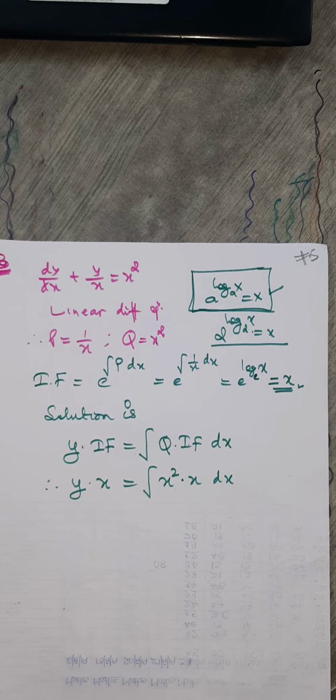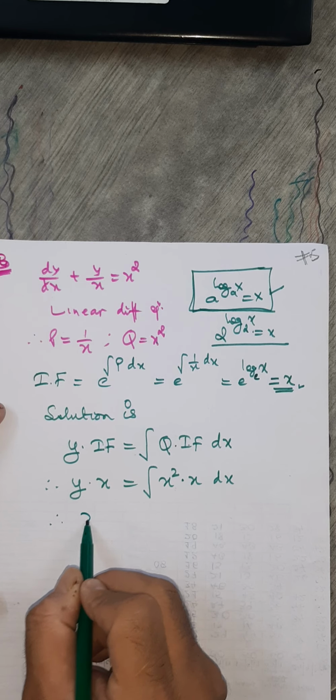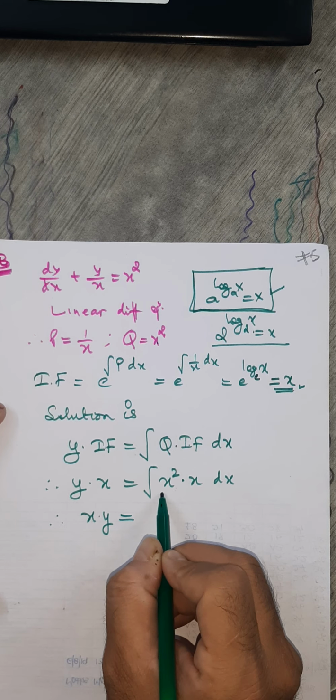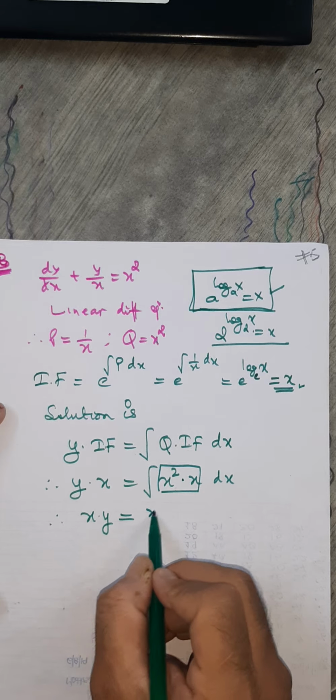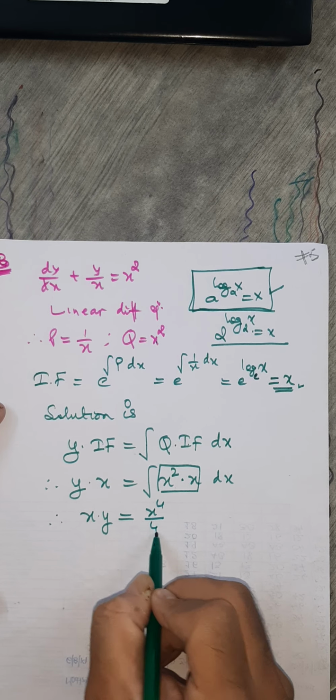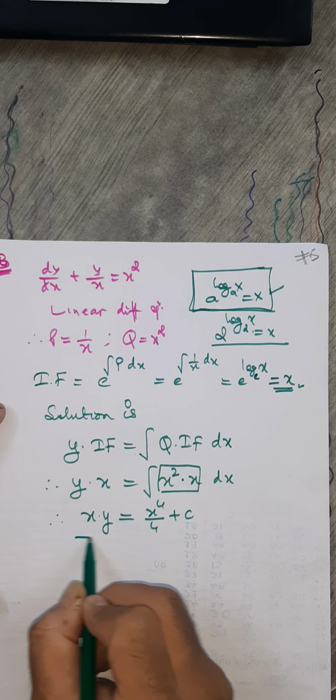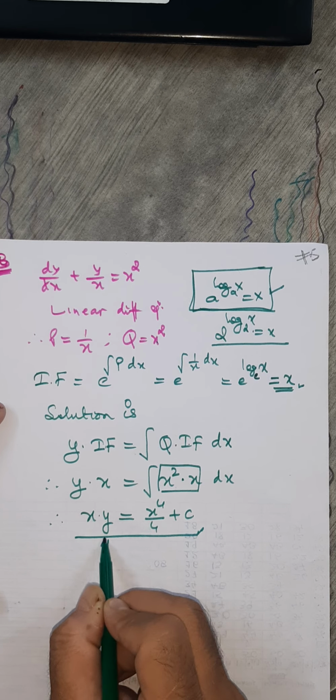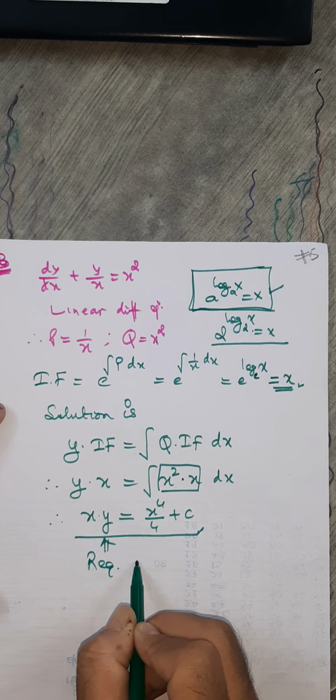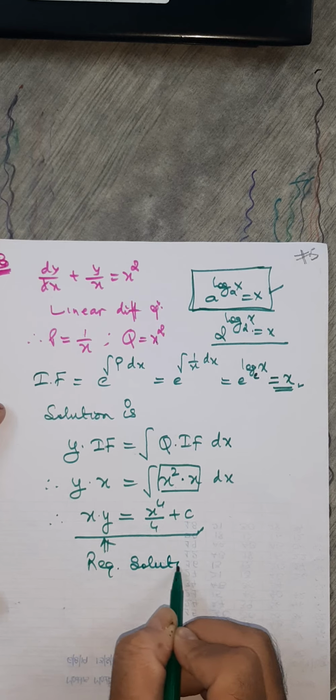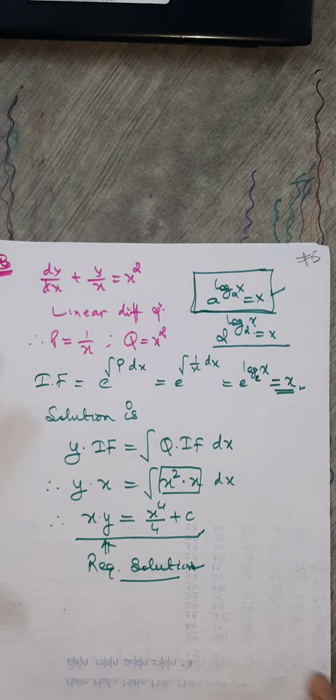So therefore, now it is very simple to integrate. Xy equals to, this is just x cube, and what's the integral of x cube? X raised to 4 by 4 plus c. That's a required general solution. This is a required solution, general solution, because the c is arbitrary constant, you know.